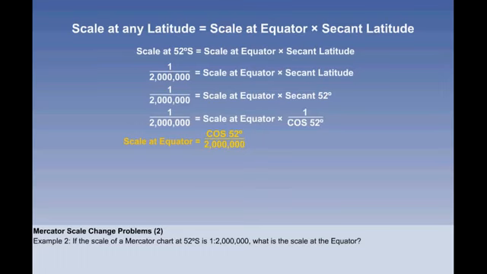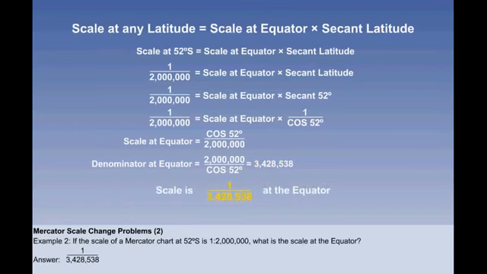So, 2 million over cos 52 is 3,428,538. So the required answer is 1 over 3,428,538.